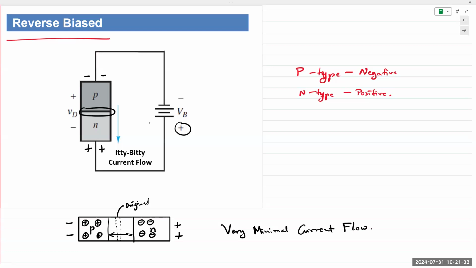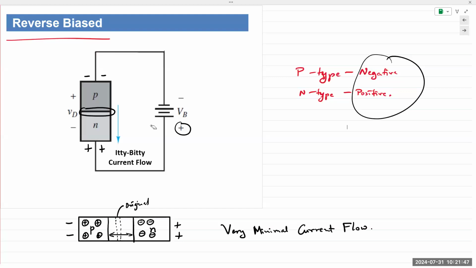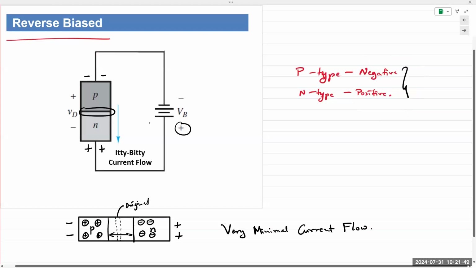The n-type material would be higher than the p-type material, and that's what the positive and negative indicate. Let's take a 10-second pause. Think over that. Let me know if you have questions.